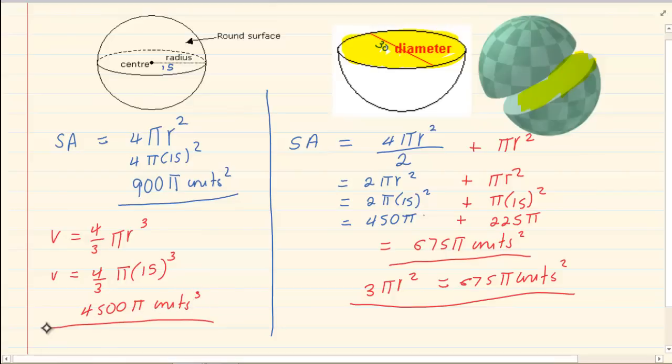Now if we want the volume of a hemisphere, all we have to do is take the answer and divide it by 2, because that's what they're doing, they're cutting it in half. So the volume for a hemisphere is going to equal 2,250 pi units cubed.